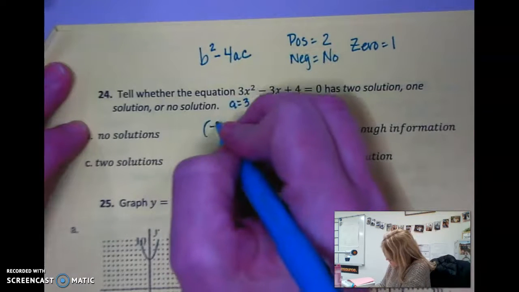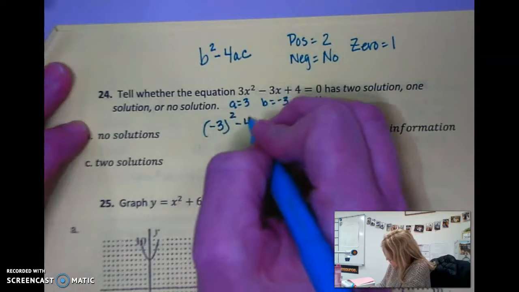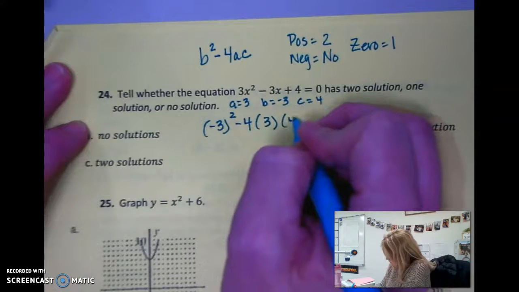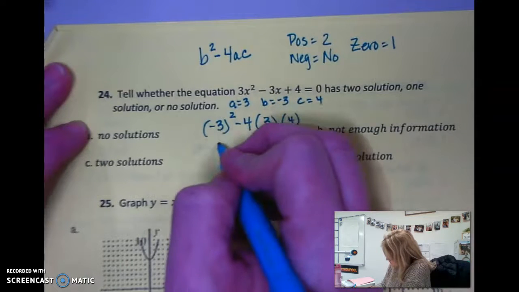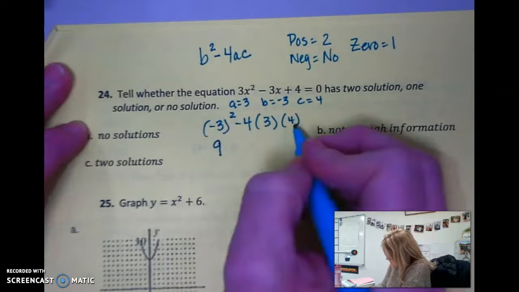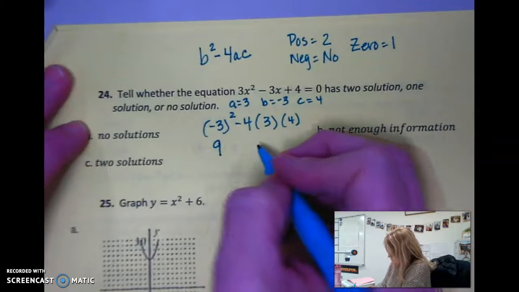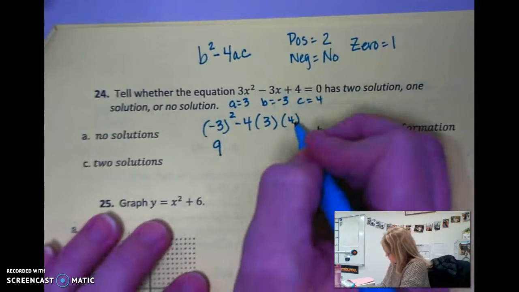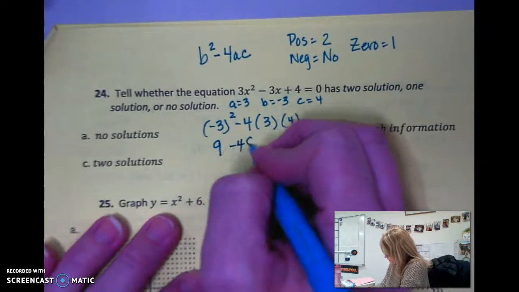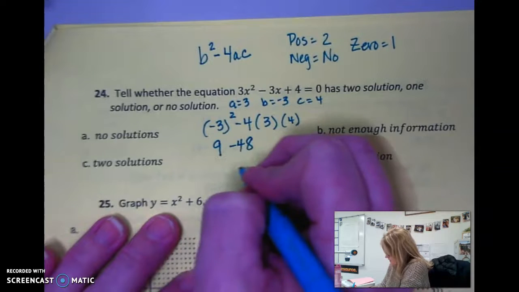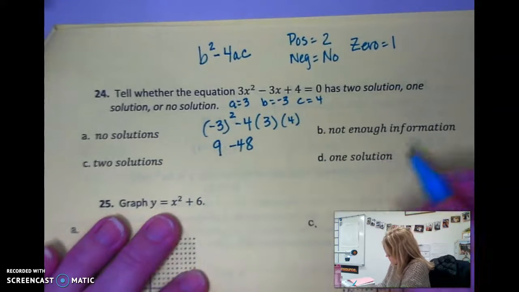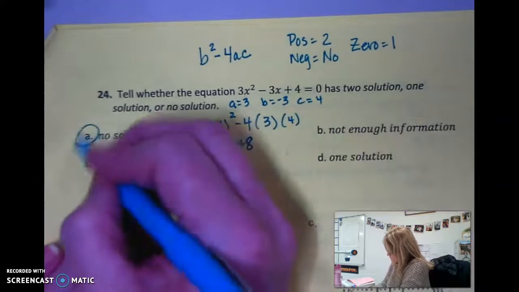So b squared minus 4 times a times c. Negative 3 times negative 3 is a positive 9. And this gives me negative 12 times negative 48. So my answer is negative, which means no solution.